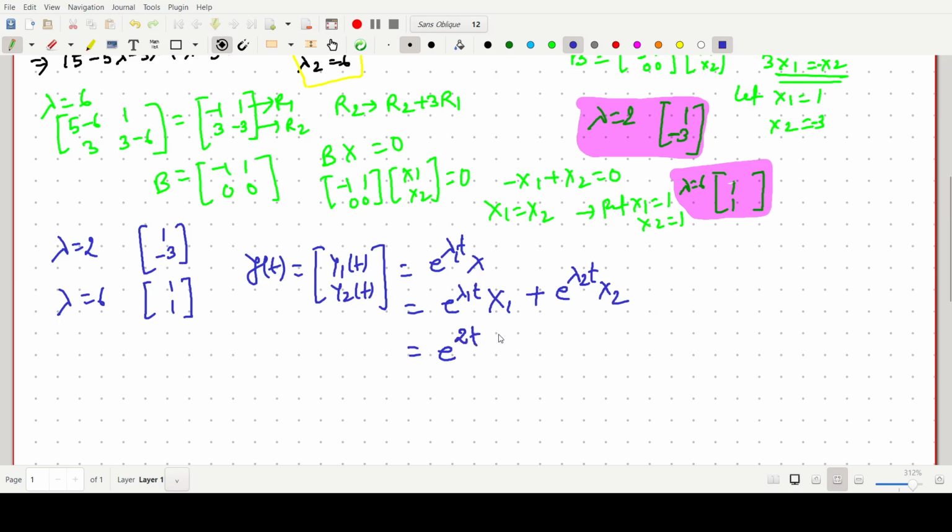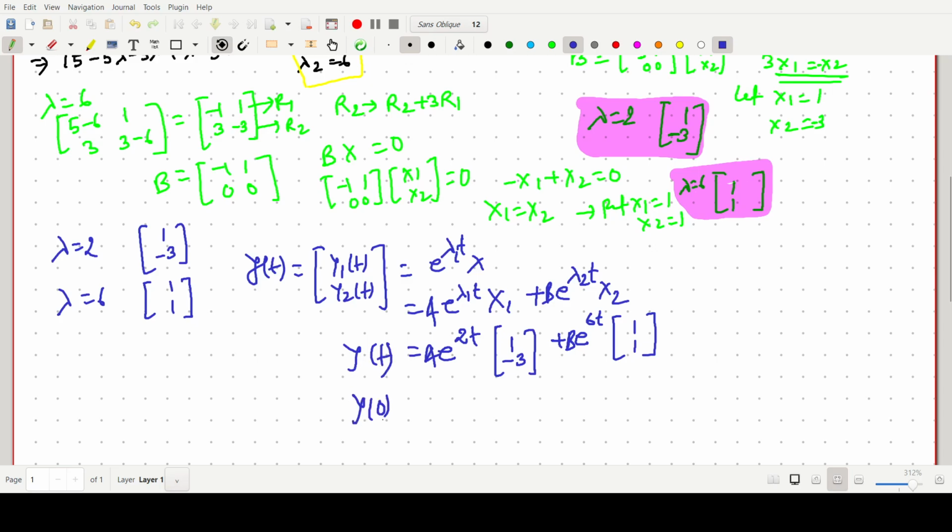So it should be e to power 2t, and we write 1 minus 3, plus e to power 6t into 1 and 1. This is the solution for the corresponding state equation. One can also write some constants, say a and b. So this is for the value of y(t).